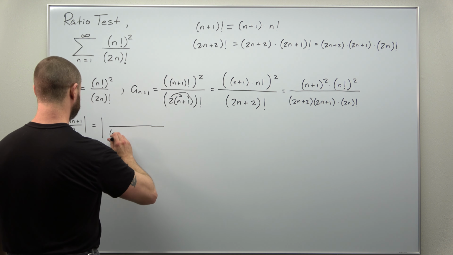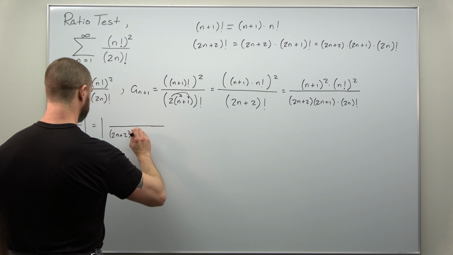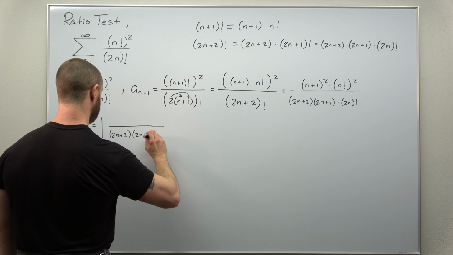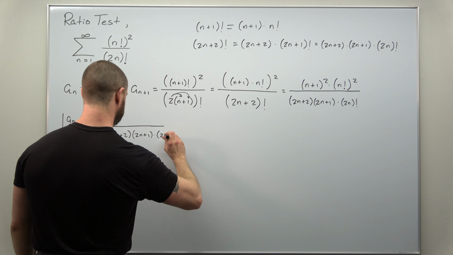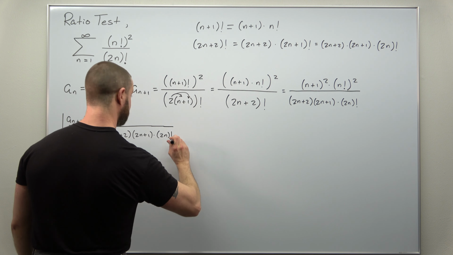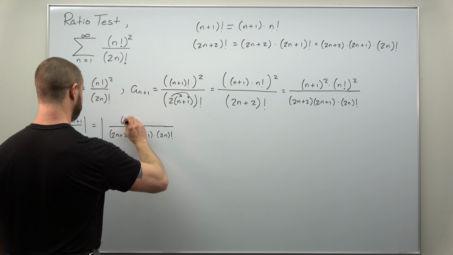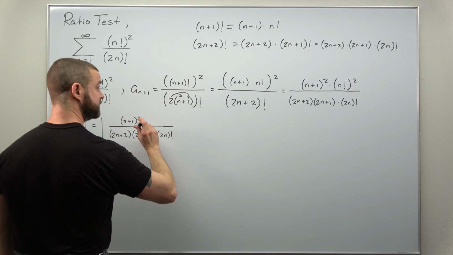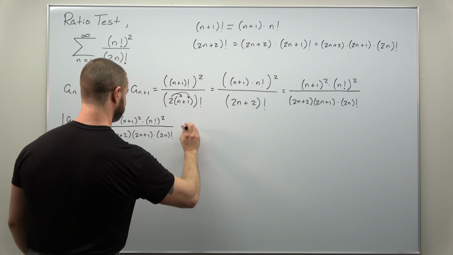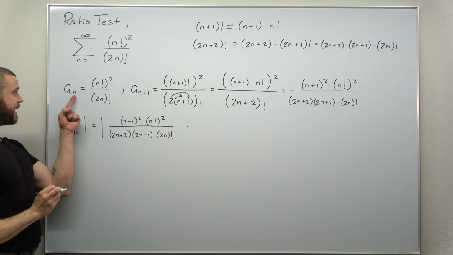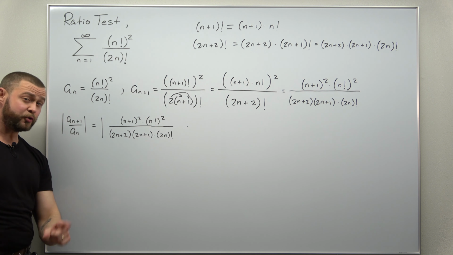So our denominator is 2n plus 2 times 2n plus 1 times 2n factorial. The numerator is n plus 1 squared times n factorial squared. And since we're dividing by a sub n, you know what to do.